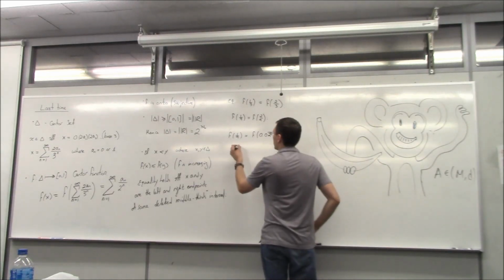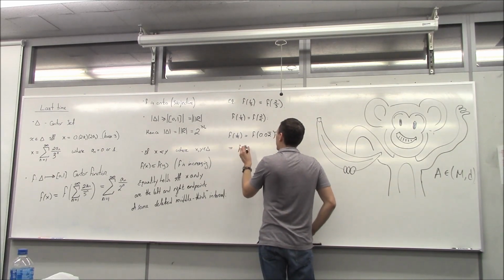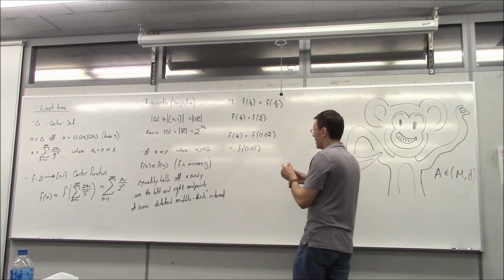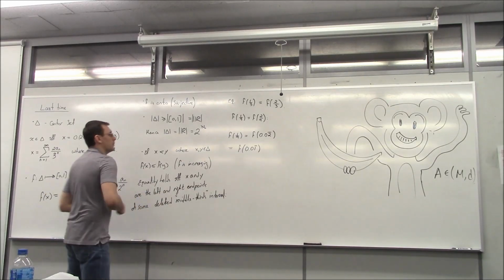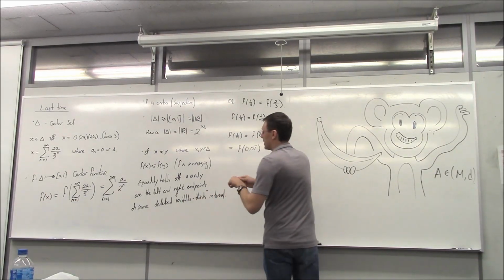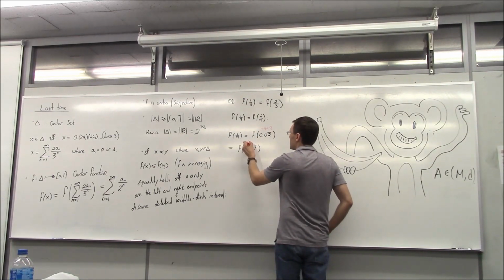Now what does f do to it? F will simply write it as f of 0.01 hat. And I should emphasize that they are in different bases, right? So just like what's written over here, this is base 3, but this is base 2.